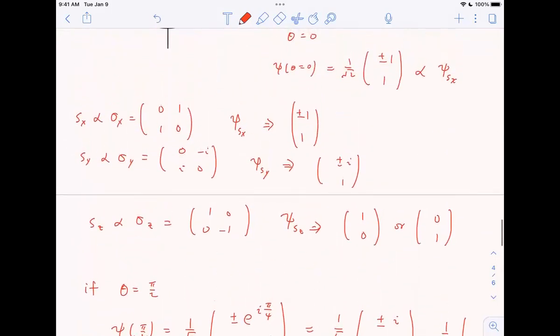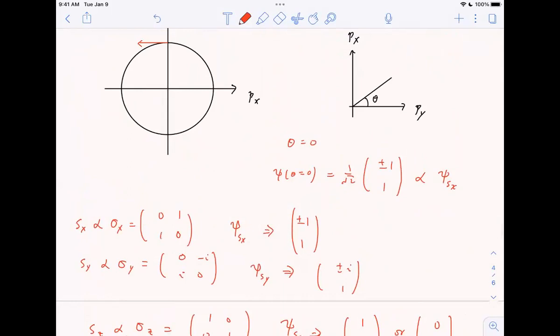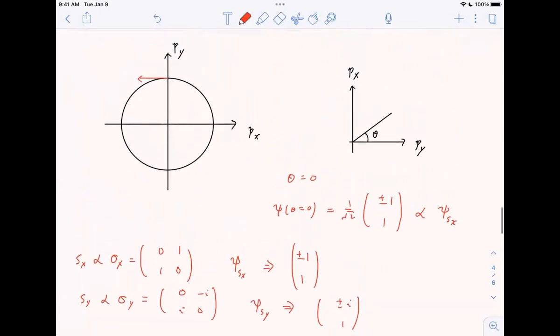Let me see, did I make a mistake? I think you want to say theta equals pi, not 1/2. Pi is here, right?